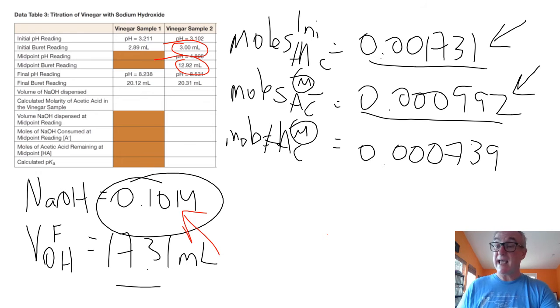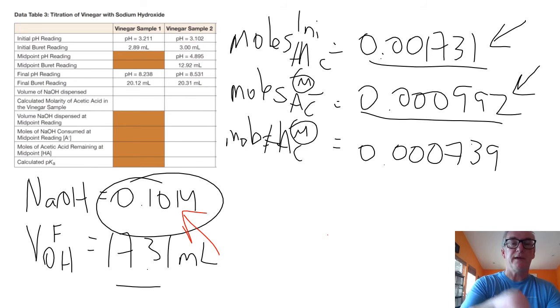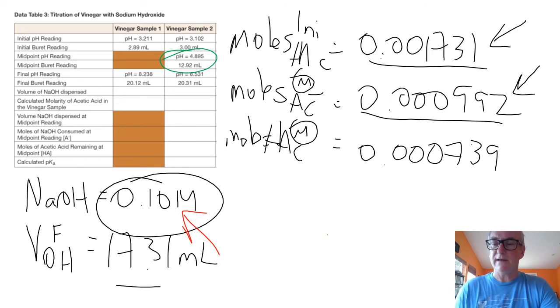I know what the pH is halfway through. The midpoint pH reading is up here, and it is 4.895. So I know what the pH is. I know how many moles of acetate, and I know how many moles of acetic acid there are.